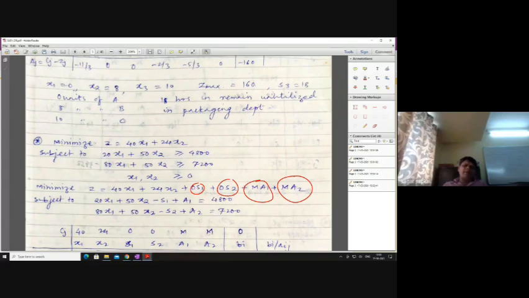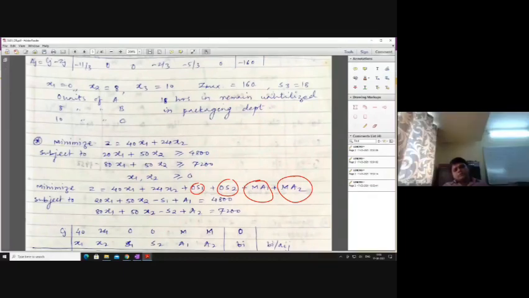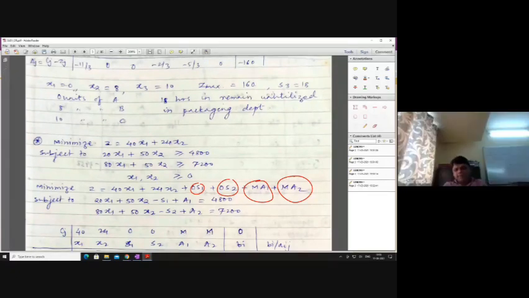Basic variables are the ones that are written row-wise in the table. Somebody is saying 6, somebody 4, somebody is telling 2. Now tell me how many constraints there are.